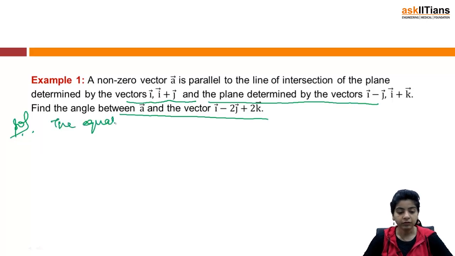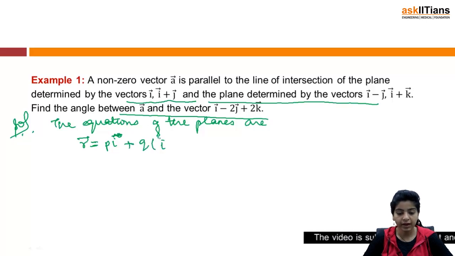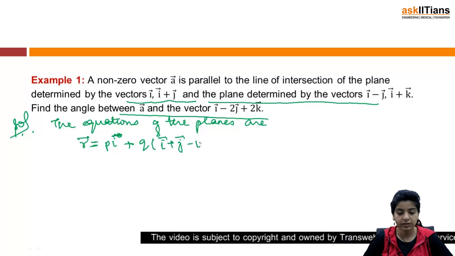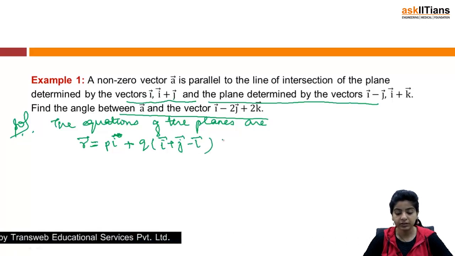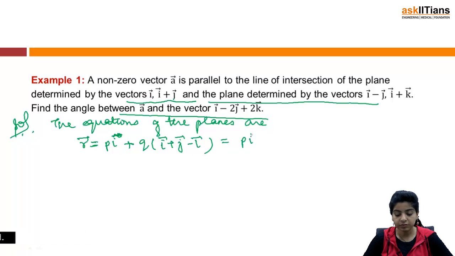First of all, we'll take the equations of the planes. R equal to P times i plus Q times (i plus j minus i). This vector minus this vector. So Q times (i plus j minus i), so this becomes Pi plus Qj. Right?